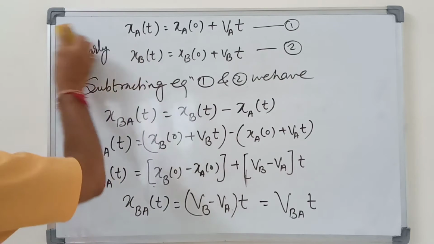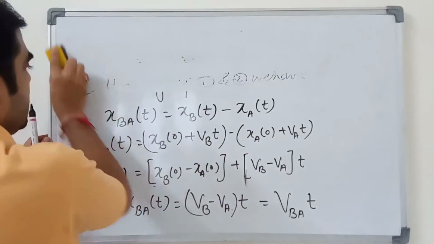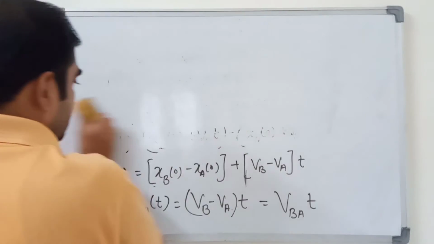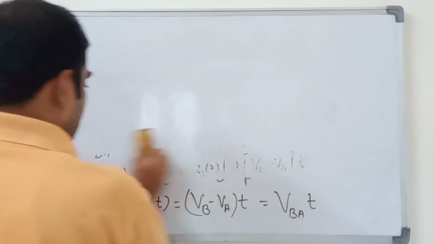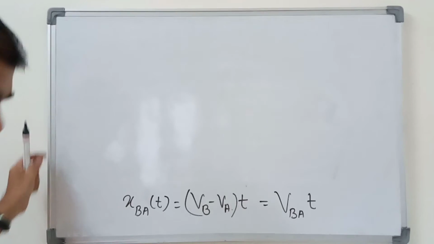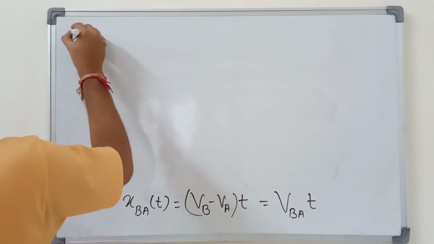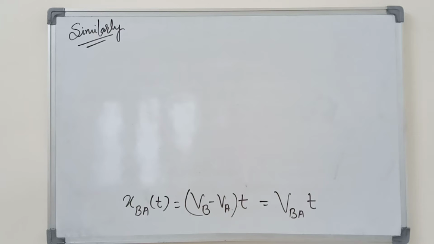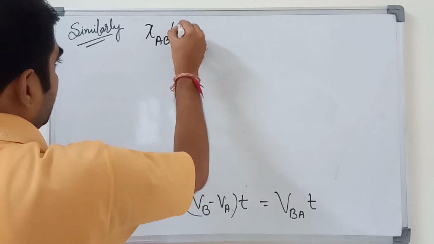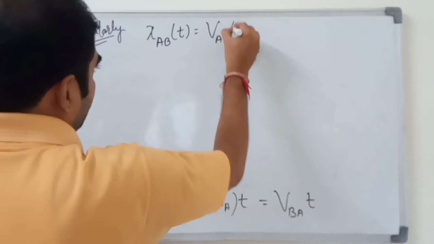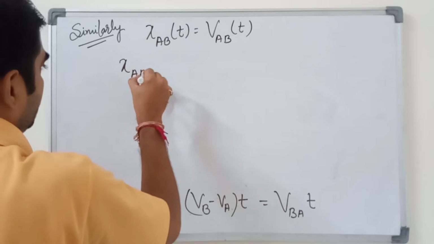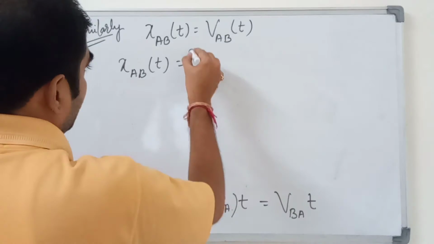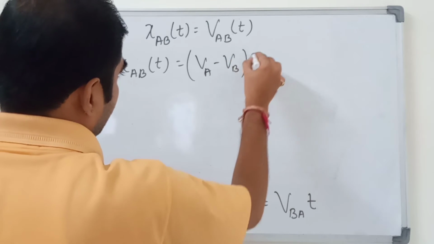Similarly for object B, xAB(t) is equal to (vA minus vB) t.